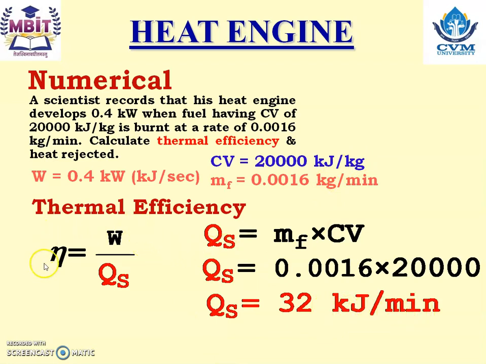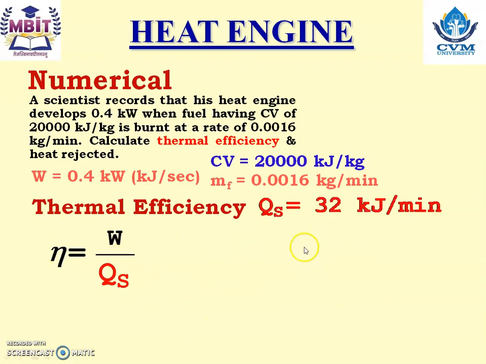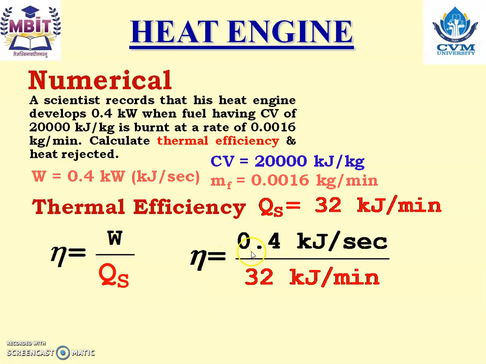Now let us calculate the efficiency using this equation. Work done is 0.4 kilowatt, that is kilojoule per second, and heat supplied is 32 kilojoule per minute. Can we get the answer using this? No, we have to convert this 32 kilojoule per minute into kilojoule per second, and then we can go for the calculation.